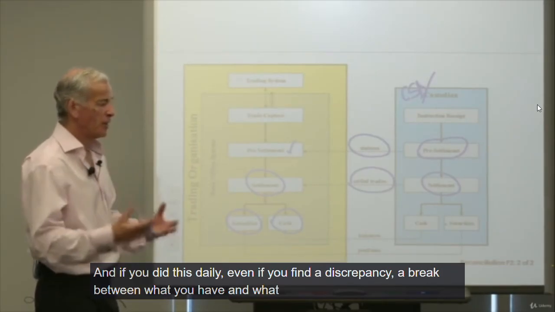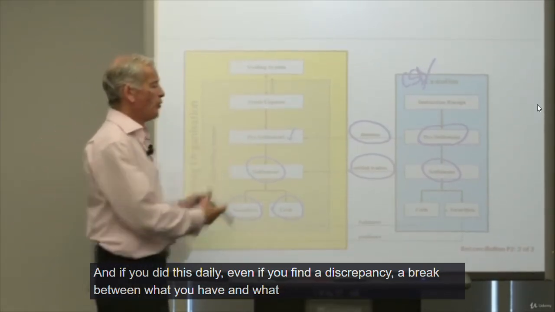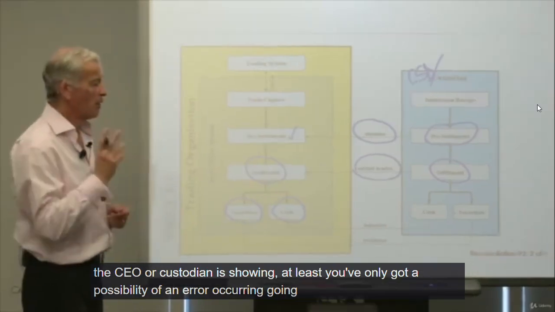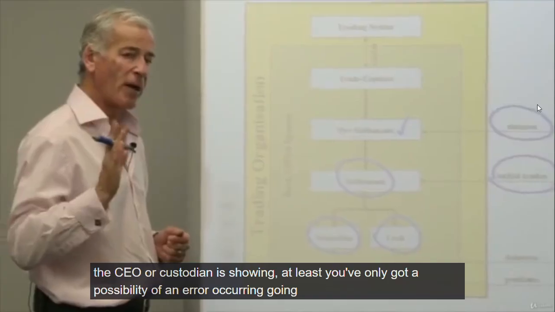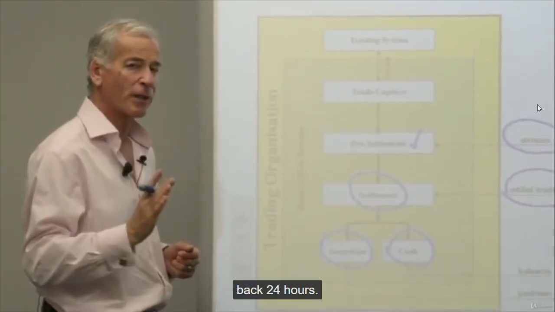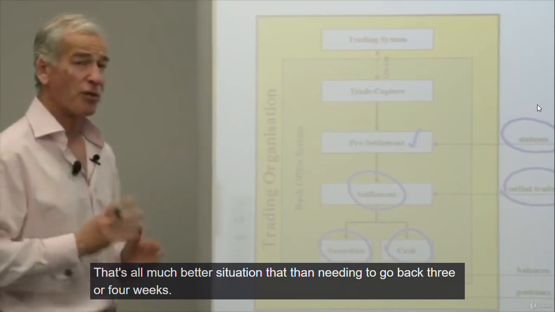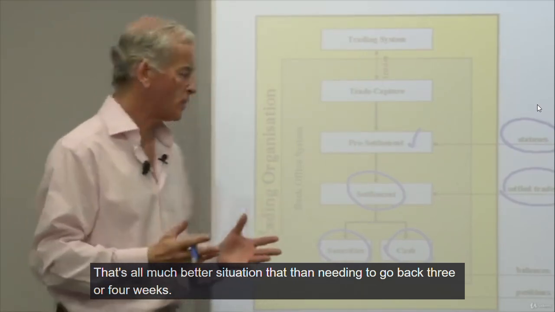And if you did this daily, even if you find a discrepancy, a break between what you have and what the CSD or custodian is showing, at least you've only got a possibility of an error occurring going back 24 hours. That's all. Much better than needing to go back 3 or 4 weeks.